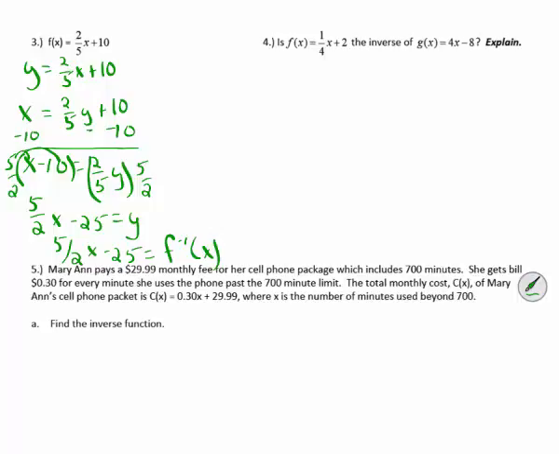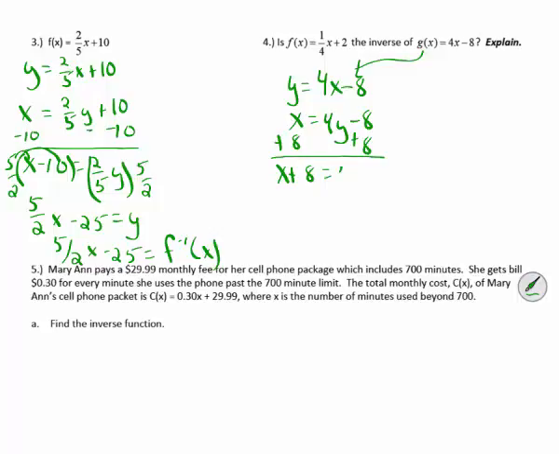So is f of x equals 1/4 x plus 2 the inverse of g of x equals 4x minus 8? Couple of ways you can do it. I'm going to take the g of x function, and I'm going to replace that with y, and I'm going to actually do the inverse and see if I get what f of x is. So first I have to flip: x equals 4y minus 8. Solve for y, so add 8 to both sides, divide everything by 4.